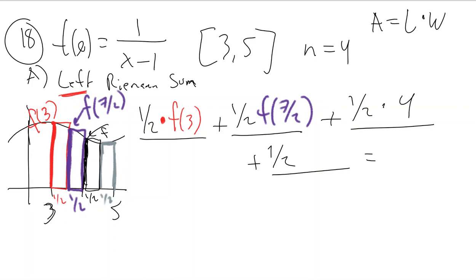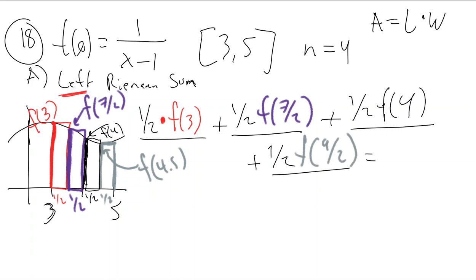It's just 4? f of 4, the y value when x is 4. And then finally, this gray one, his length is this y value, which is the y value when x is 4.5, or 9/2.